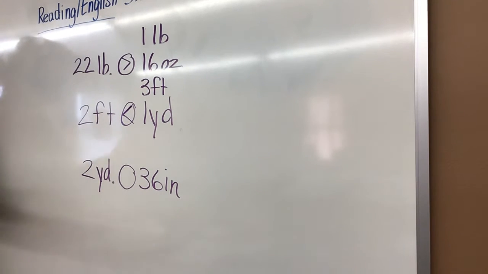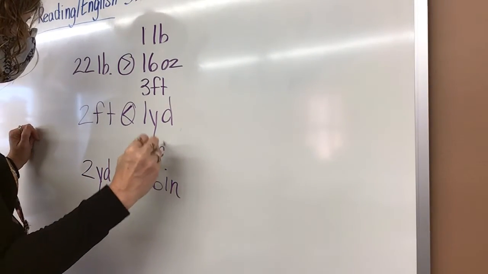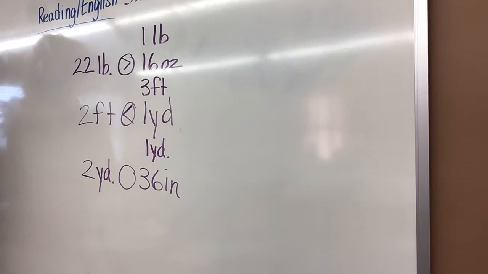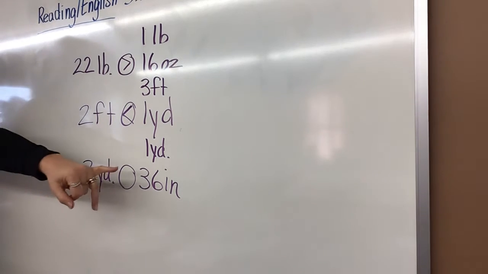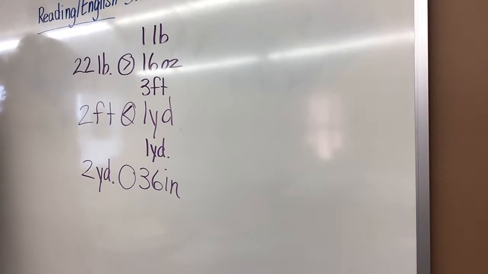It's 1 yard, so wouldn't that be easier to come over here to the 36 inches and say that 36 inches is 1 yard? You should know these measurements, but if you didn't know that 36 inches was 1 yard, then you probably wouldn't have gotten 2 yards right anyway, because you wouldn't have been adding the number together correctly.